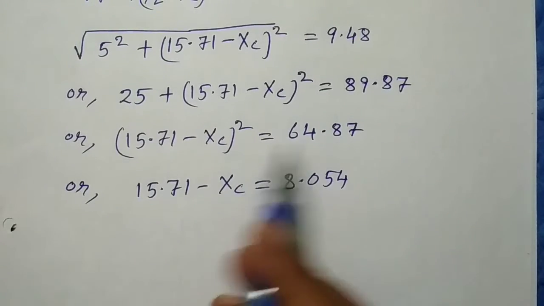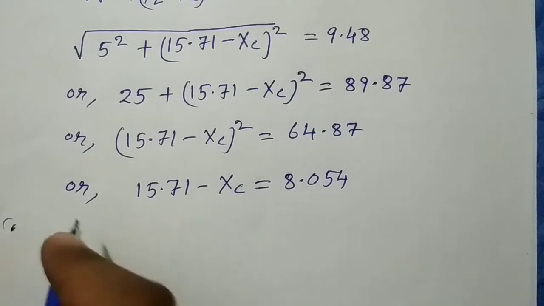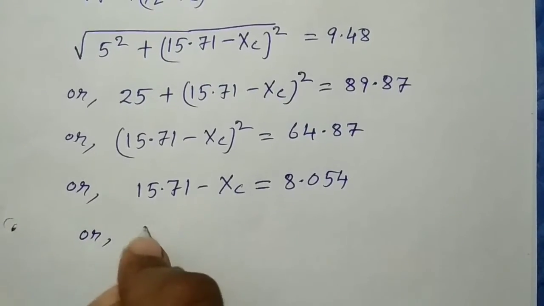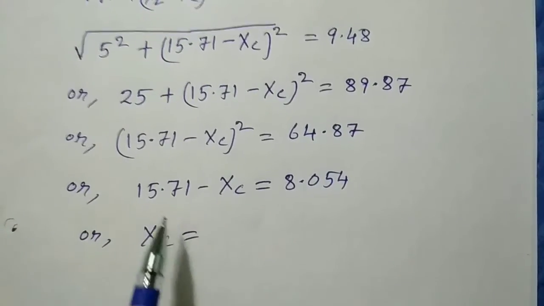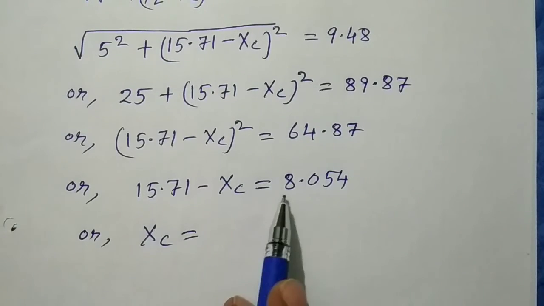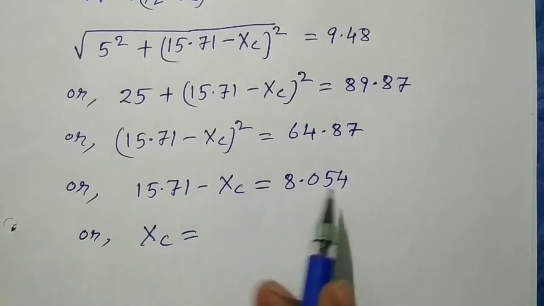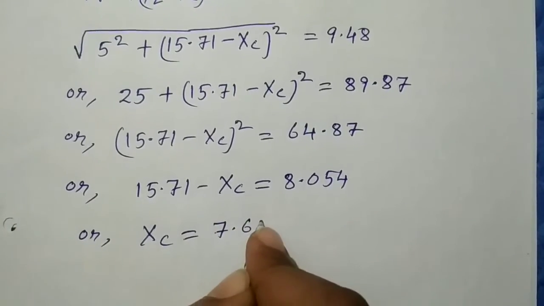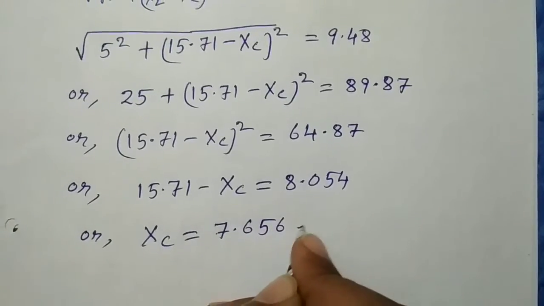We took the square root on both the sides. So the value of XC will be 15.71 minus 8.054. So it will be 7.656 ohms.